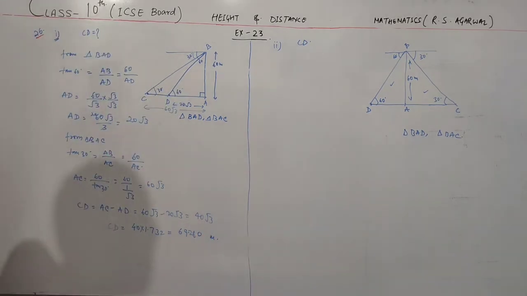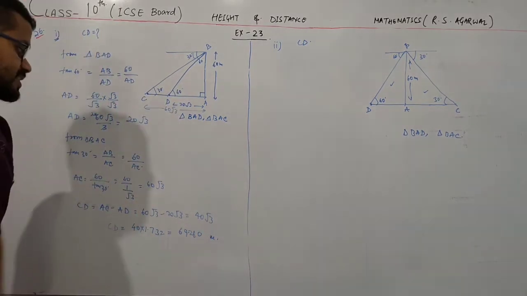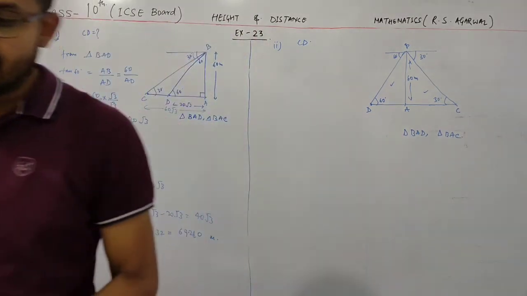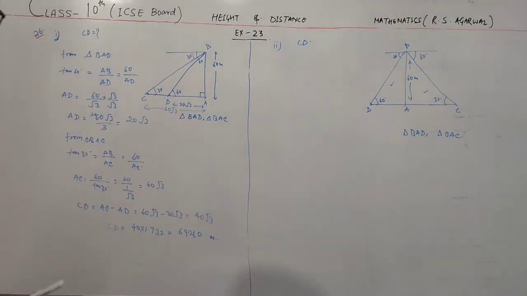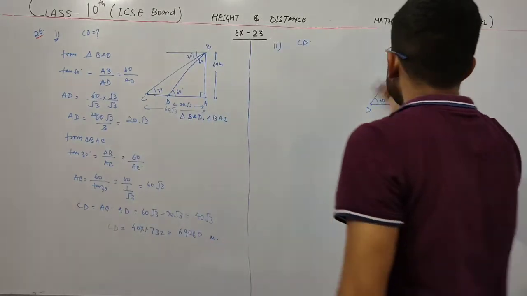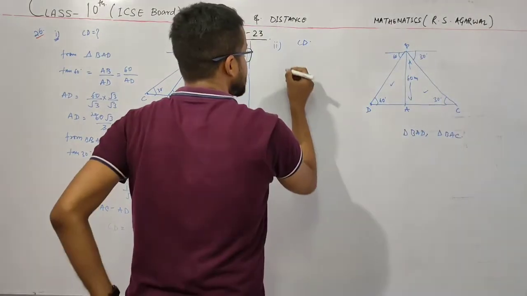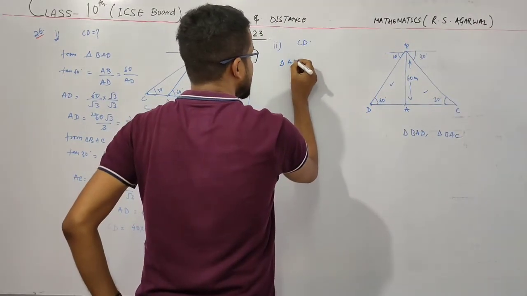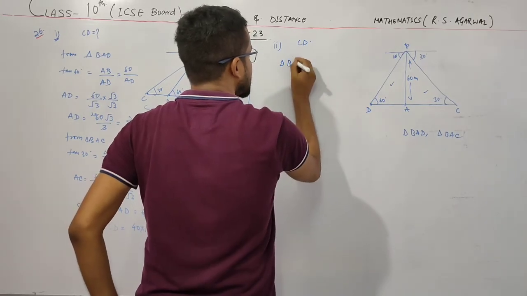Okay, in the first condition, the distance between both the boats is 69.280.